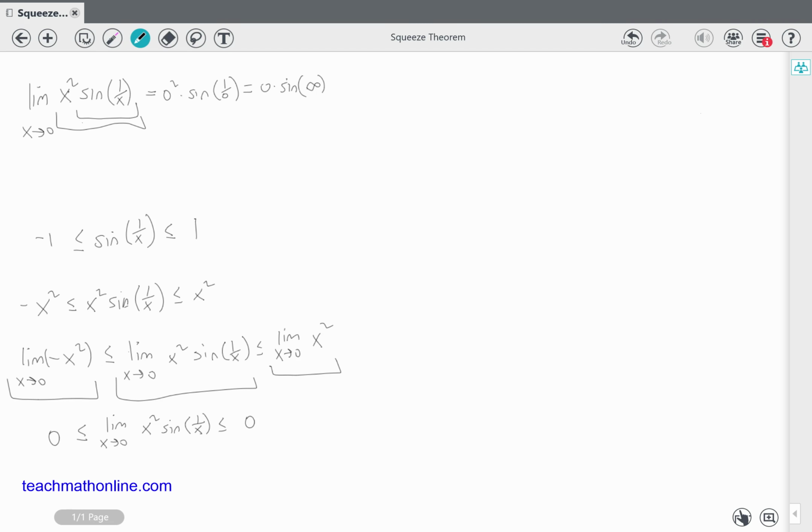So what we see here is we have our original function, and it has to be less than or equal to 0, and greater than or equal to 0. So by the squeeze theorem, the limit of x squared times sine of 1 over x as x approaches 0 has to equal 0.